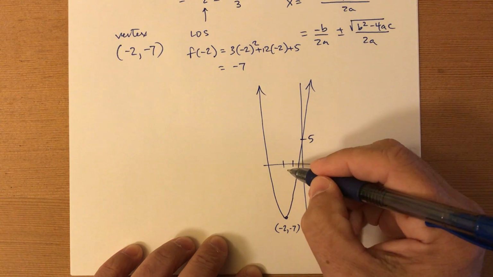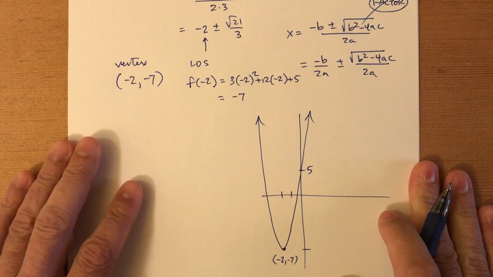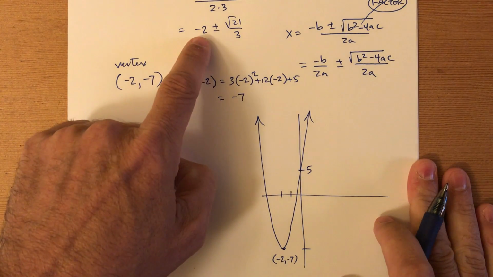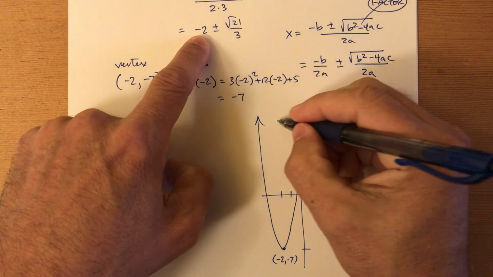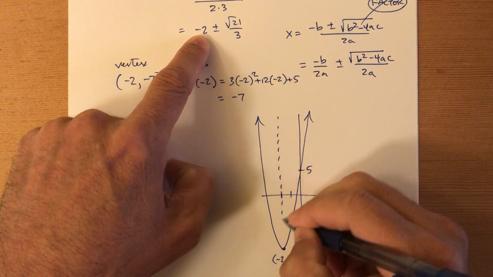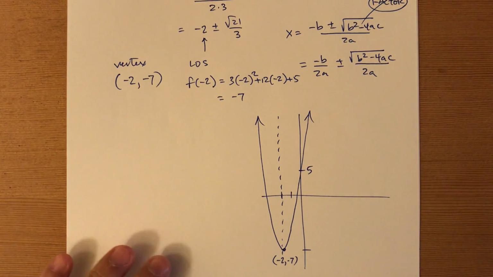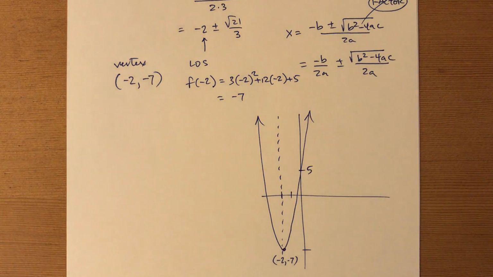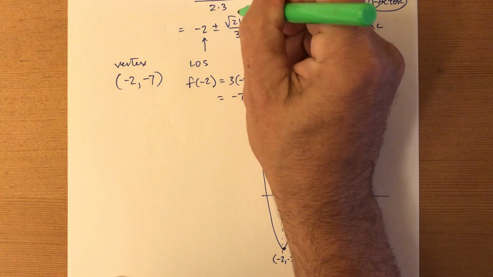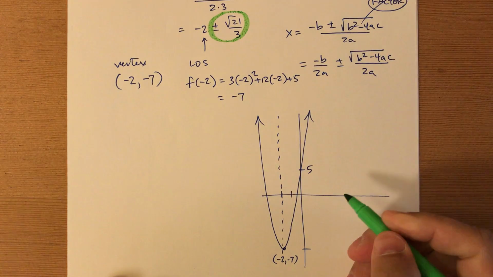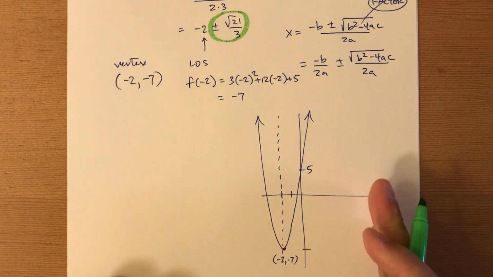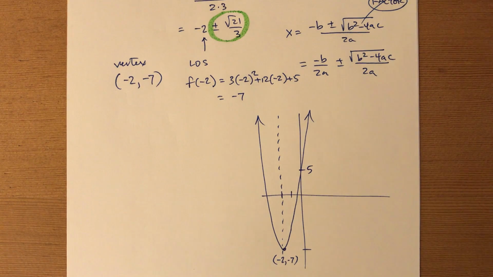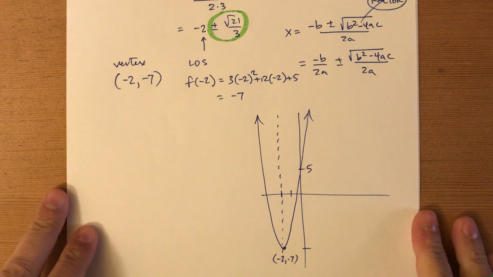One thing that I really want you to make sure you understand is that this right here, I'm at negative 2. This is the line of symmetry at negative 2. And I'm going to zoom in here, but this piece, which I'm going to highlight in green, means that I move left and right the square root of 21 over 3 to find those x-intercepts.